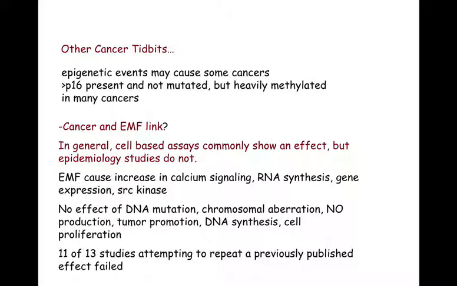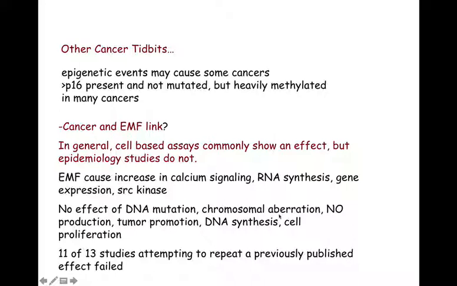So in addition to DNA mutation effects in a cell-based assay, you might see an increase in calcium signaling or an increase in RNA synthesis or changes in gene expression, an increase in activity of a kinase. But in general, no effects on DNA mutation. That's what they were looking for, but typically don't see an effect on DNA mutation.